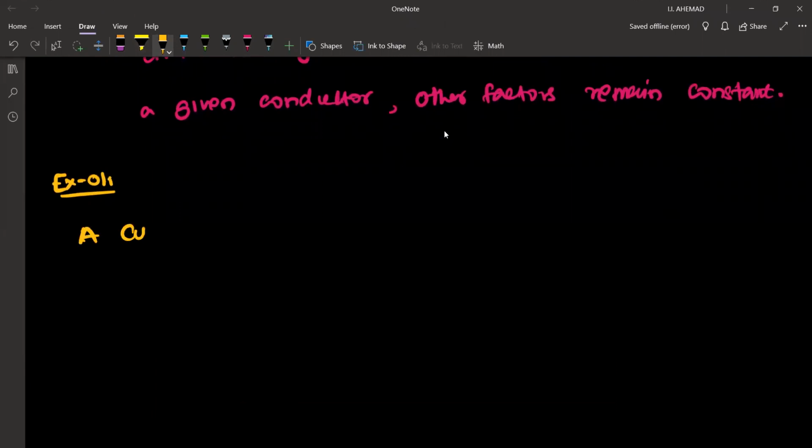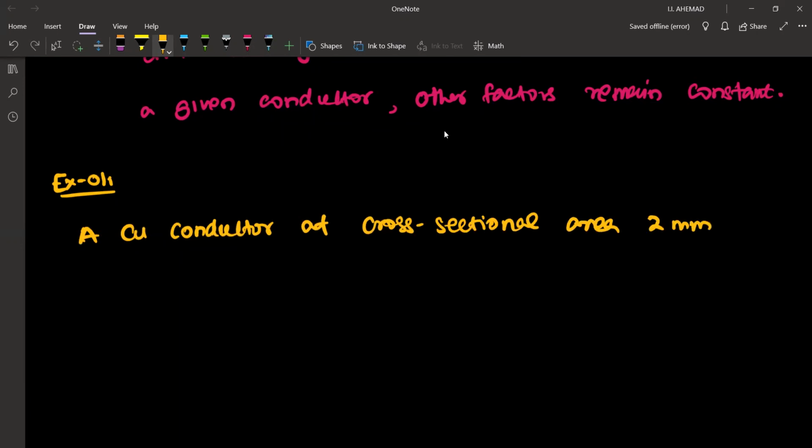A copper conductor of cross-sectional area 2 millimeter square carries a current of 4.8 amperes.